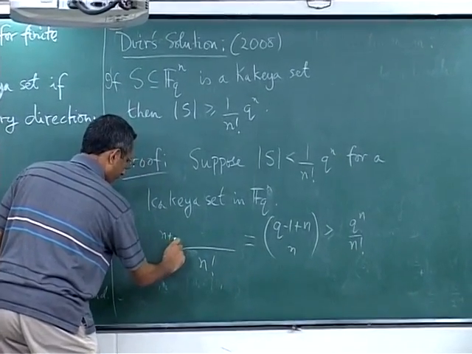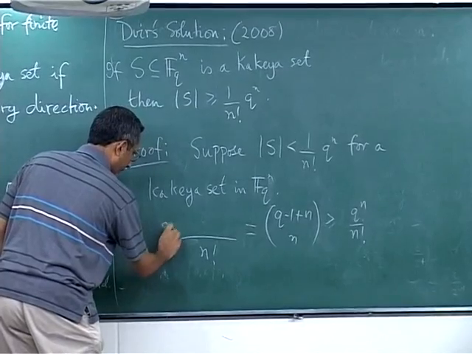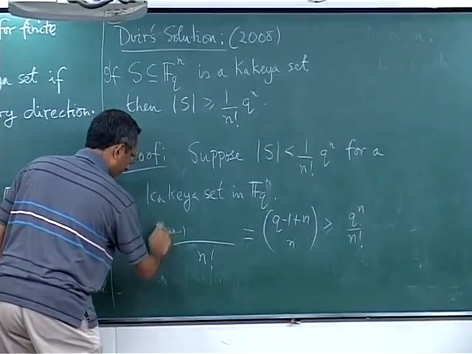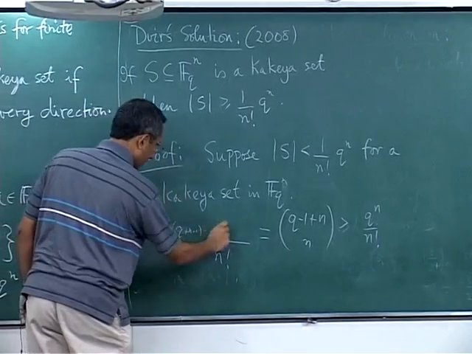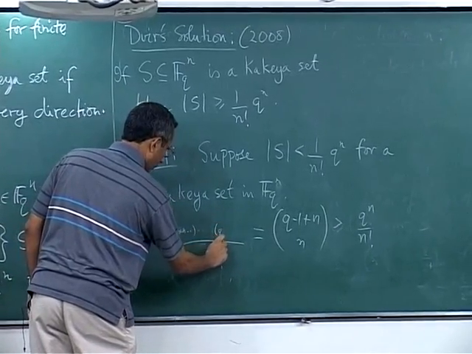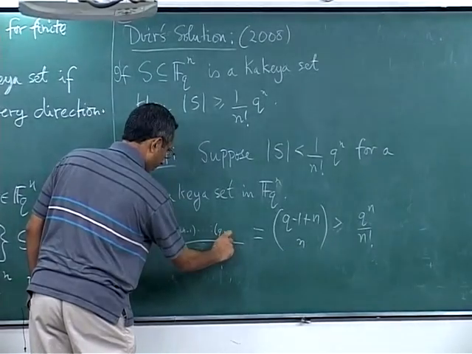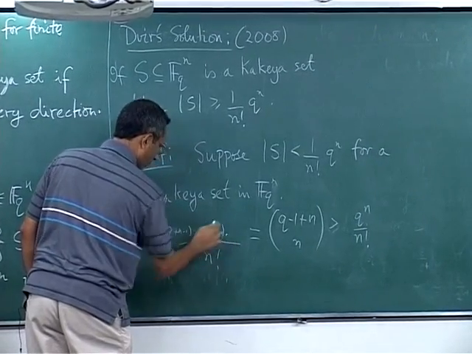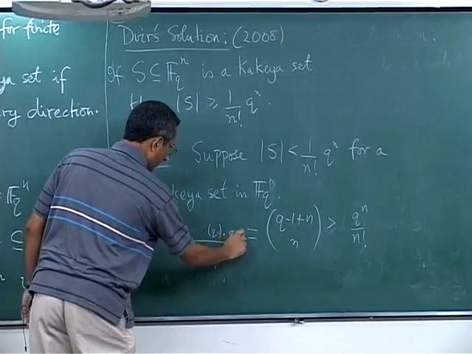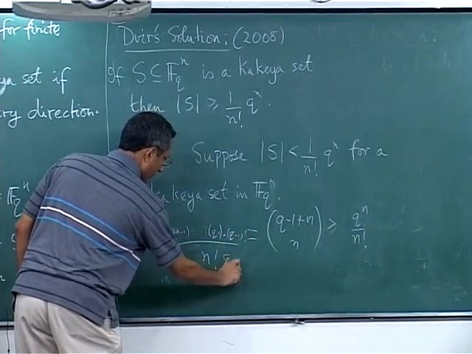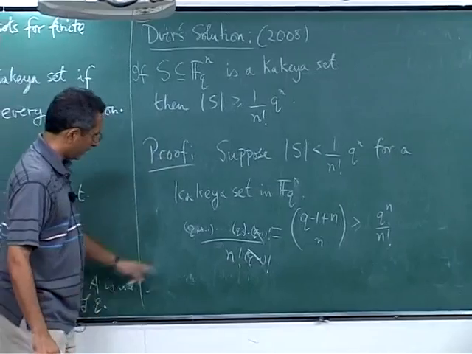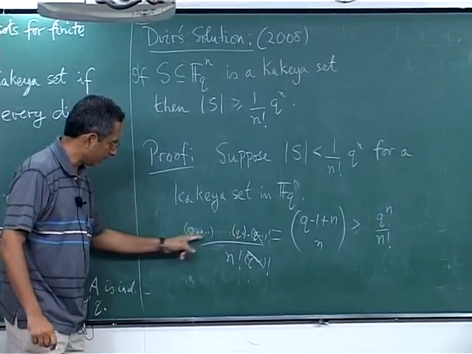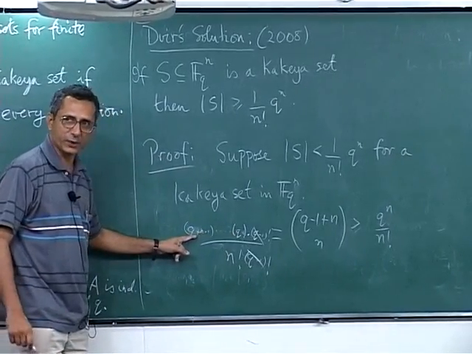Write it as q plus n minus 1, q plus n minus 2, etc., up to q, and then q minus 1 factorial, which cancels with the q minus 1 factorial here. And how many terms are there in the numerator? There are n terms in the numerator.